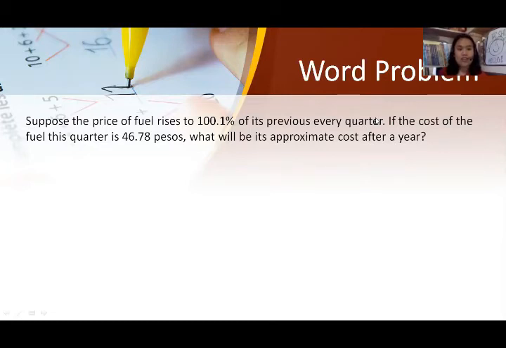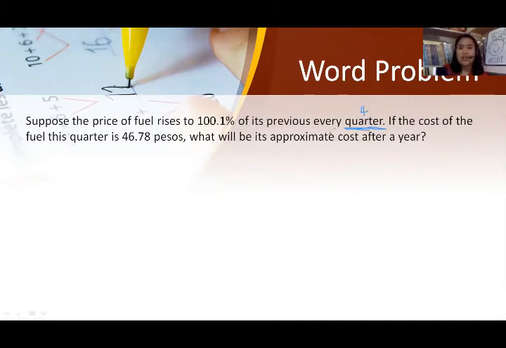Suppose the price of fuel rises to 100.1% of its previous every quarter. If the cost of the fuel this quarter is 46.78 pesos, what will be its approximate cost after a year? Again, we're talking about quarter. Okay, pag sinabi natin quarter, it means 4.